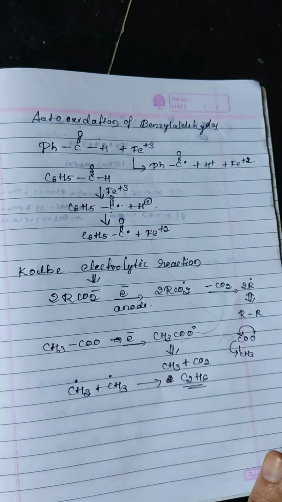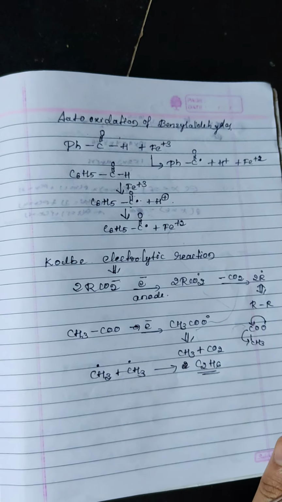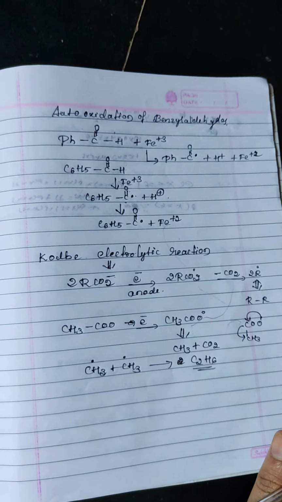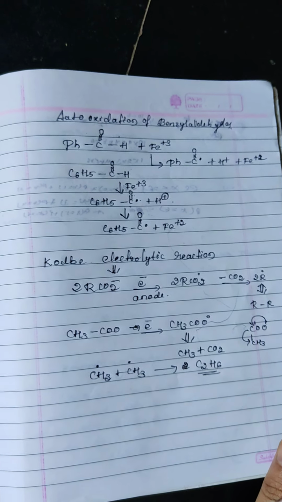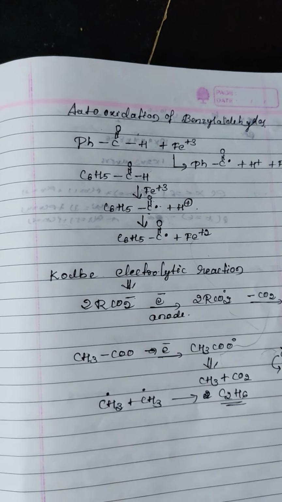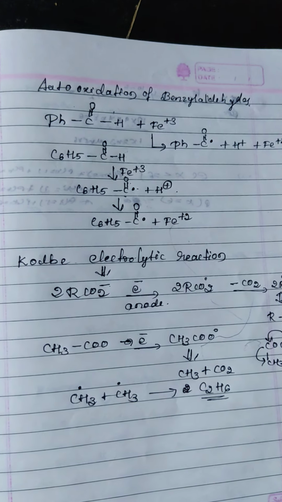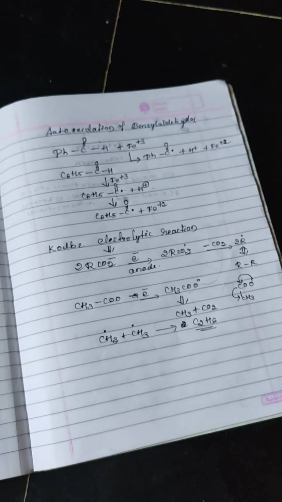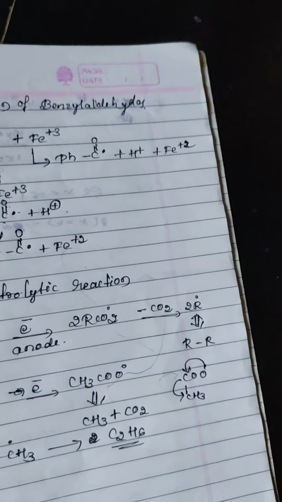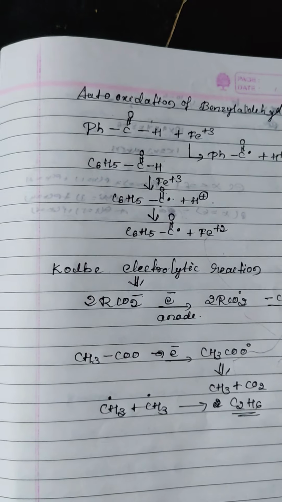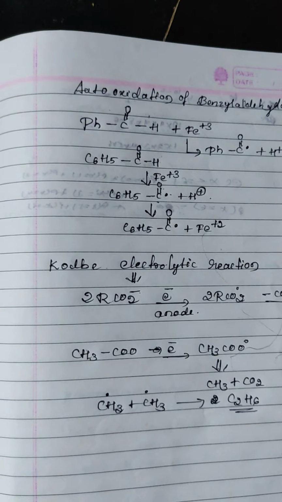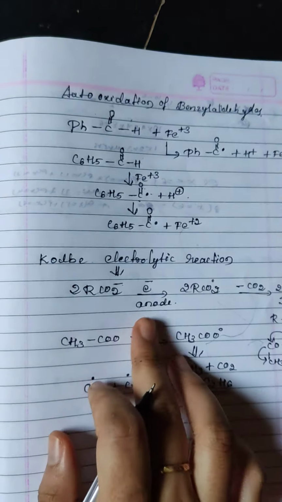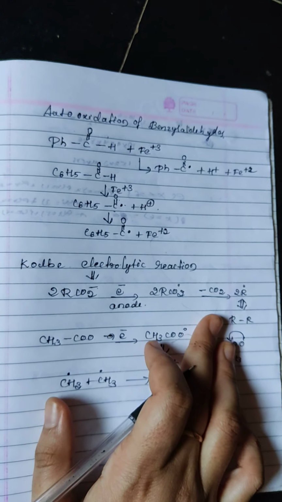Single electron transfer is classified into examples: one is the Sandmeyer reaction, next is autoxidation, the Kolbe electrolytic reaction, and the fourth is the Fenton reaction. The Fenton reaction uses two reagents, peroxide and an iron complex, which remove an electron and form free radicals.